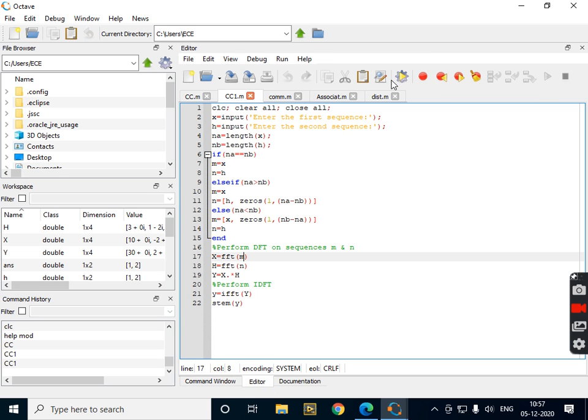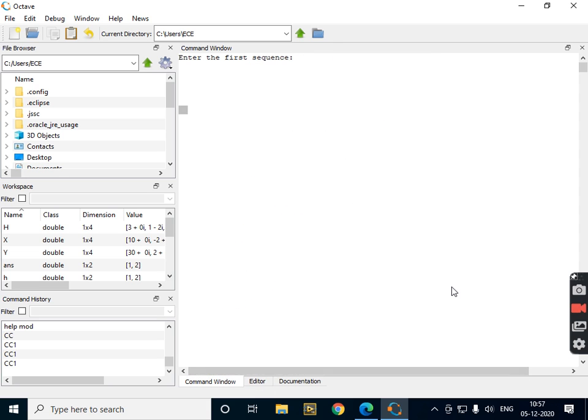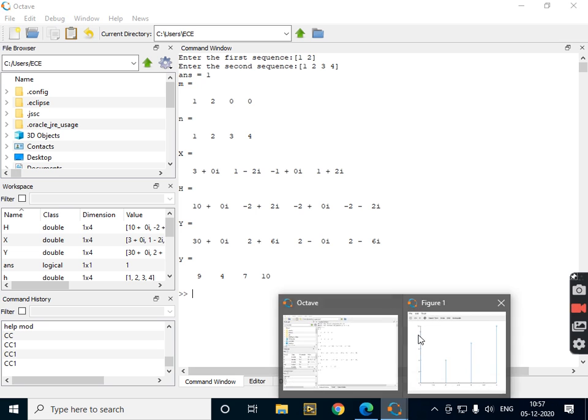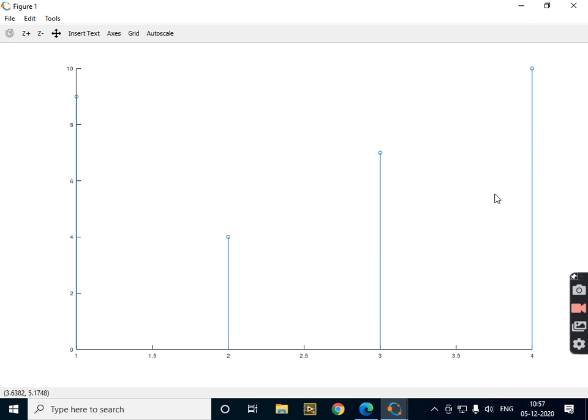Likewise, for the last case, this time we'll take a 2-point first sequence, 1 and 2, and a 4-point second sequence, 1 2 3 and 4. So the first sequence will be zero padded, the second sequence will be retained as it is, followed by their respective 4-point DFTs, the product DFT, and the IDFT with sample values 9 4 7 and 10, and this is the graphical result.